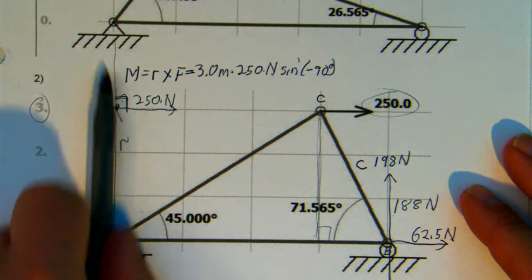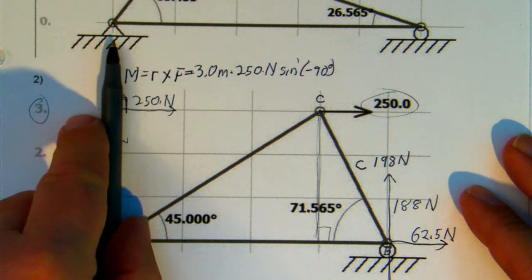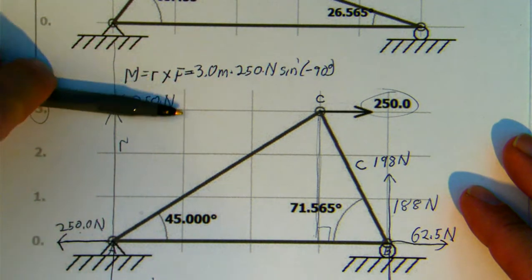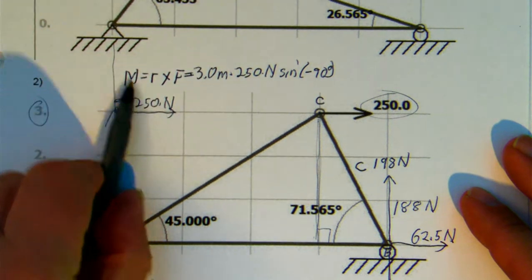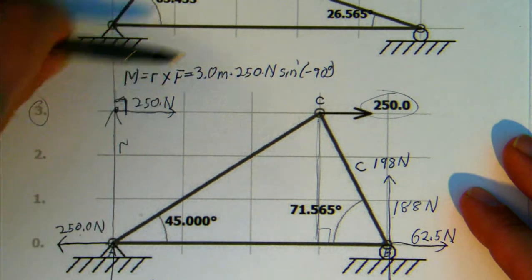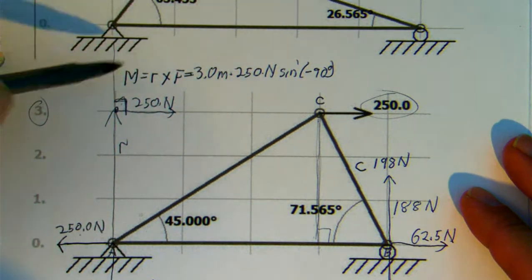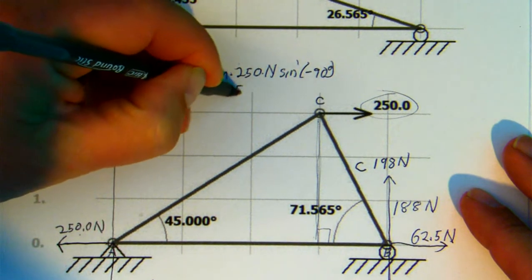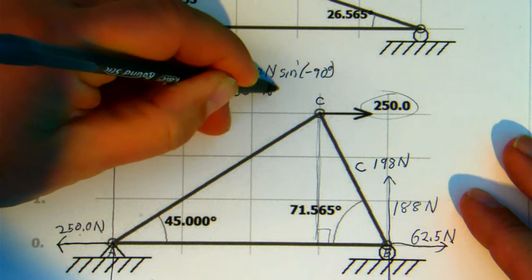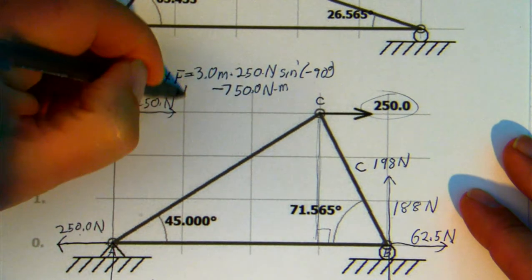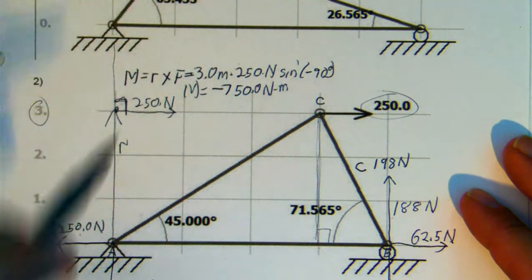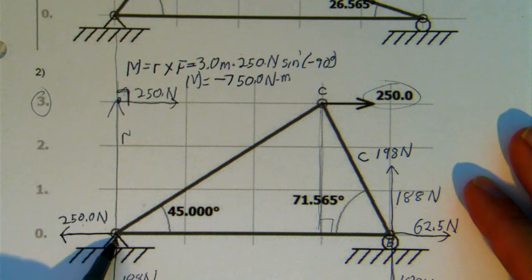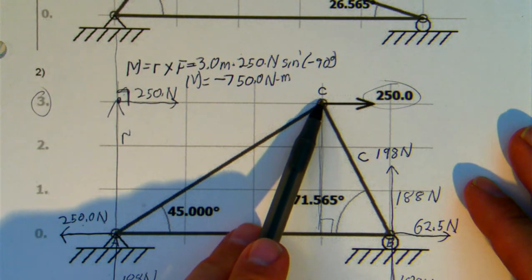I'm turning clockwise 90 degrees, so negative 90 degrees. Sine of negative 90 degrees is negative 1. 3 times 250 times negative 1 is negative 750 newton meters. That is the moment about point A caused by the load being applied at point C.